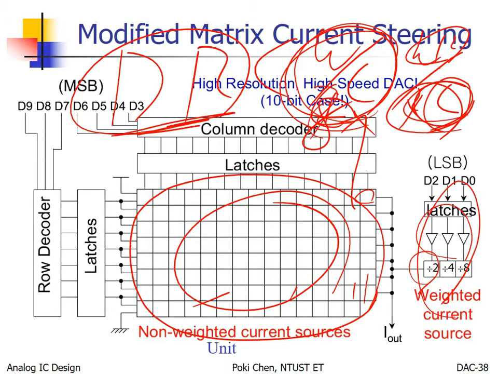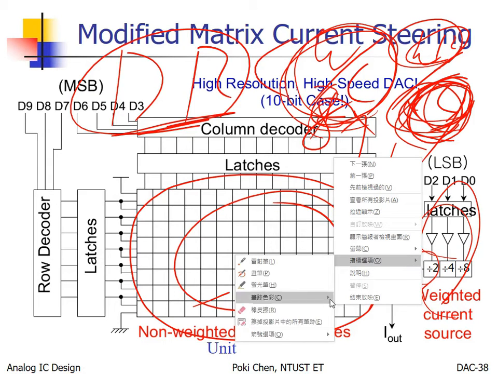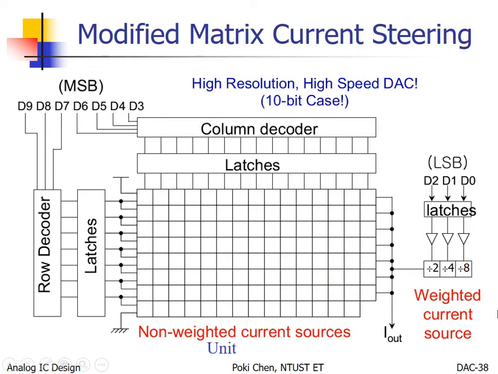So usually we enlarge it till the maximum length and then divide W, to ensure they can provide very good output resistance. Got it? Long length means good output resistance.